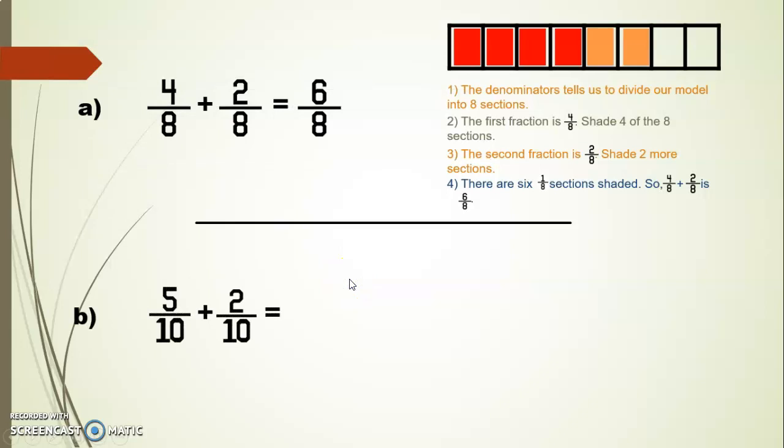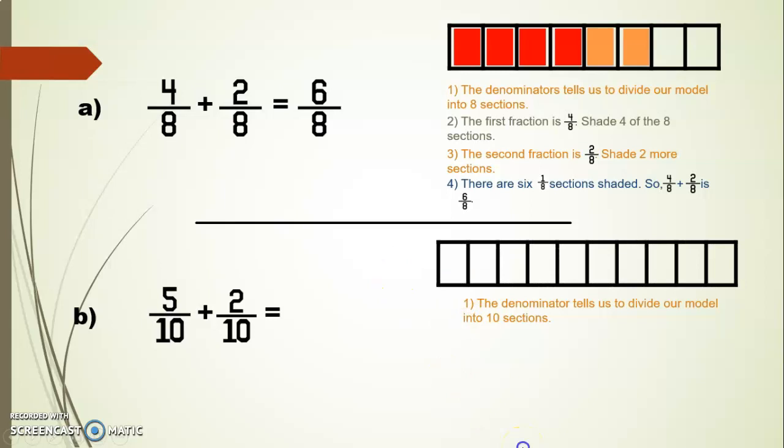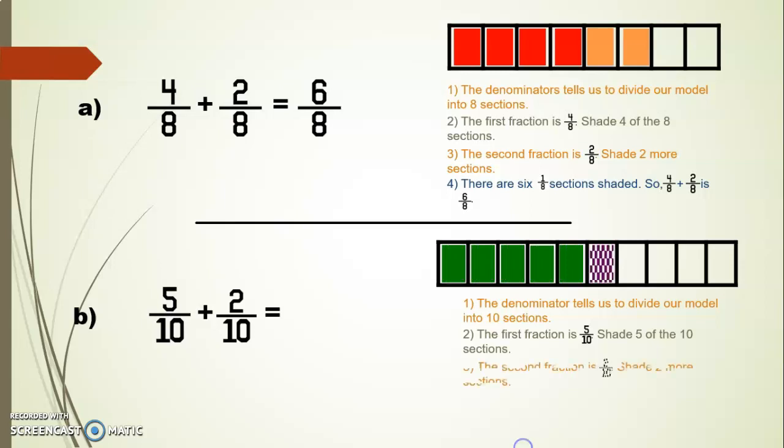Number B, 5 over 10 plus 2 over 10. The denominator tells us to divide our model into 10 sections. The first fraction is 5 over 10, so I'll shade 5 of 10 sections. The second fraction is 2 over 10.